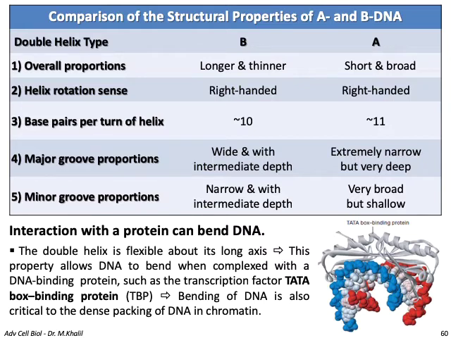This property allows DNA to bend when complexed with a DNA binding protein, such as the transcription factor TATA box binding protein, TBP. This bending is also critical to the dense packing of DNA in chromatin, to facilitate its packaging inside the nucleus.